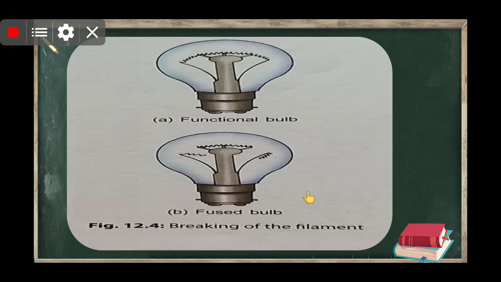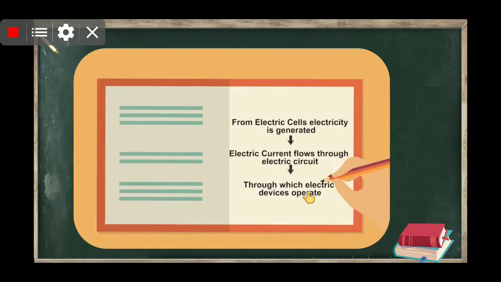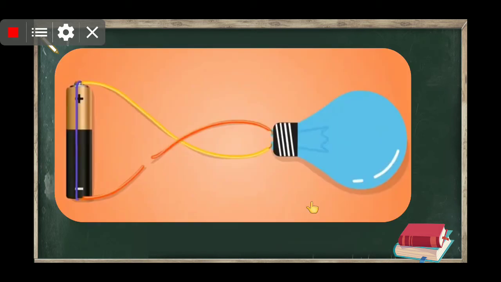So moving on further students, we can say that till here, from electric cells electricity is generated, and electric current flows through the electric circuit through which electric devices operate. Now students, as you can see, I have cut the wire from here, and now I will attach many other materials and check whether the circuit will be closed, whether the charge will flow or not.